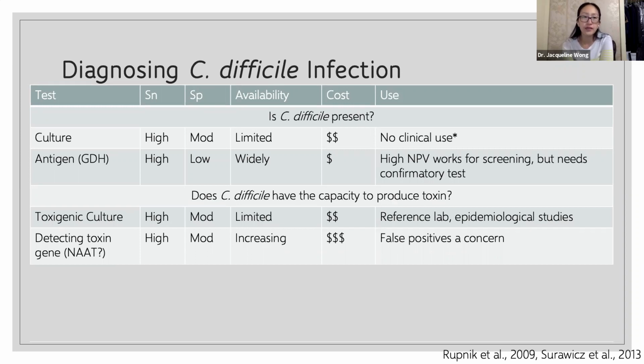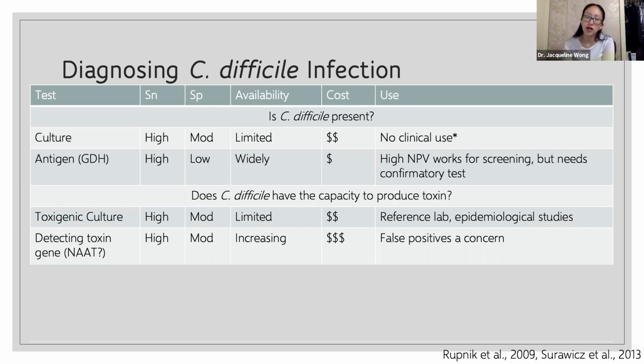Then more recently, PCR-based tests have come about that are looking for the toxin gene, such as nucleic acid amplification tests. And these are very sensitive tests, but maybe not as specific. The availability is increasing as PCR-based technologies are more widely available.